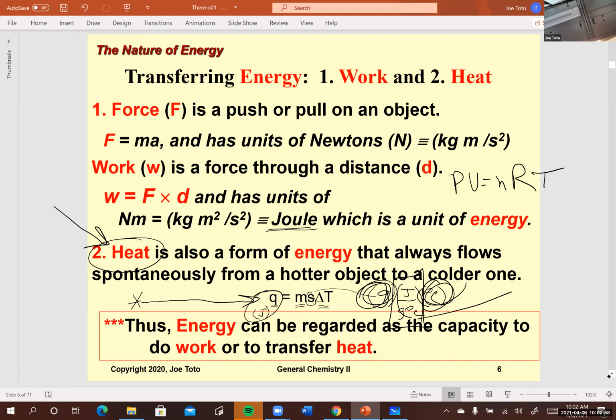For example, the specific heat of water is 1 calorie per gram degree Celsius. So that's S for H2O. All right. And in joules, anybody know what the specific heat of water in joules would be? Is it 4.18?